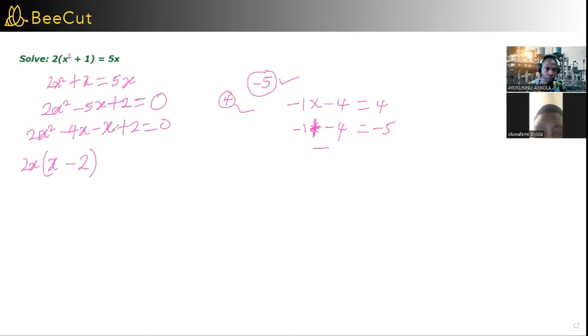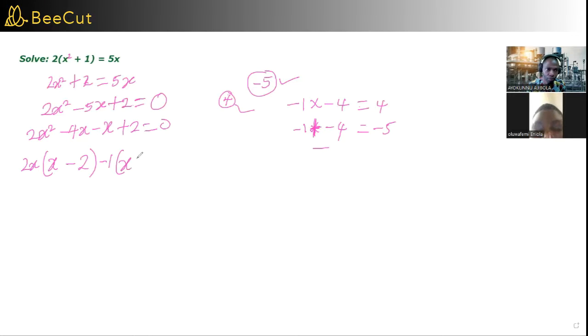Then here, do you think anything is common to this side and this side? X is here, but there is no x there. So what is common to this? 1, very good. So that should be negative 1. Once negative 1 is removed from this, we have positive x.